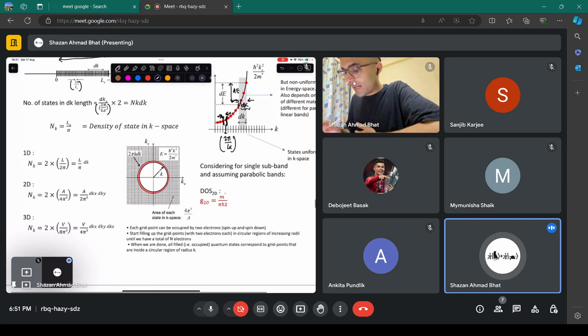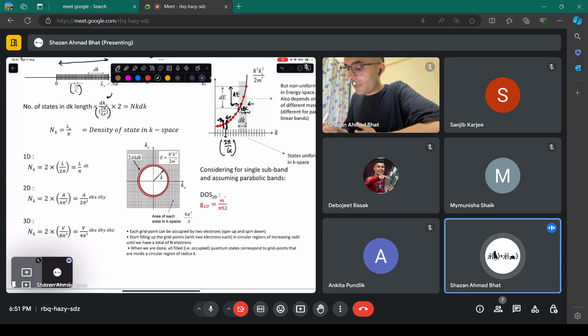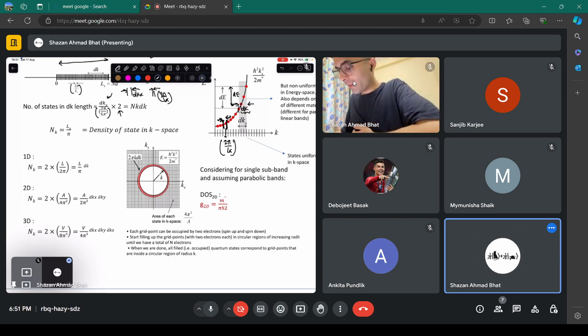So this is the overall dimension of that strip dkx, divided by the single strip width, which is a single state, equivalent to 2 pi by Lx, and multiplied by a factor of 2, because you have to consider the spin up and spin down states for the electrons.